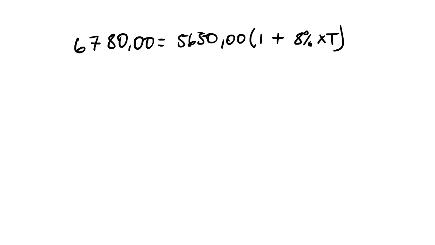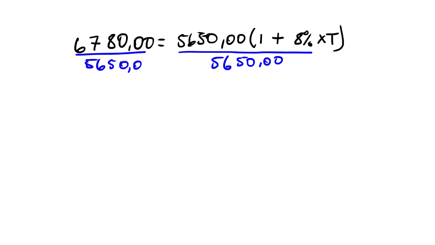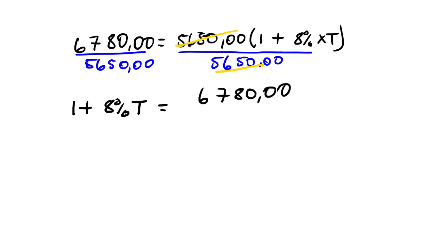Now from here, we are going to divide both sides by 5,650,000. So basically this will get rid of this. And then on the right hand side, we are left with 1 plus 8% T, it's equal to our term here.